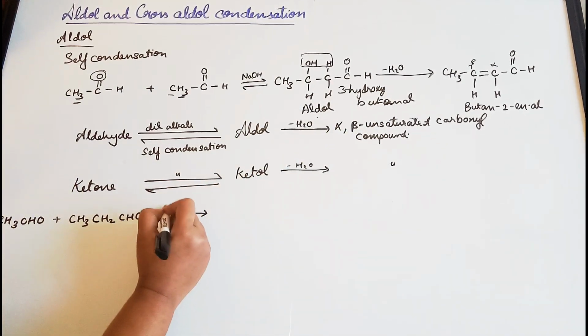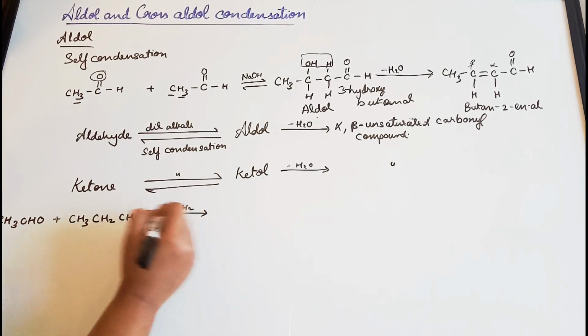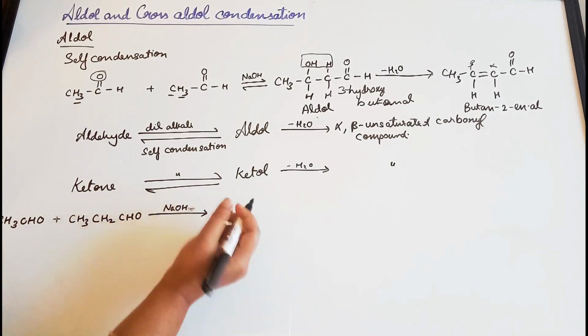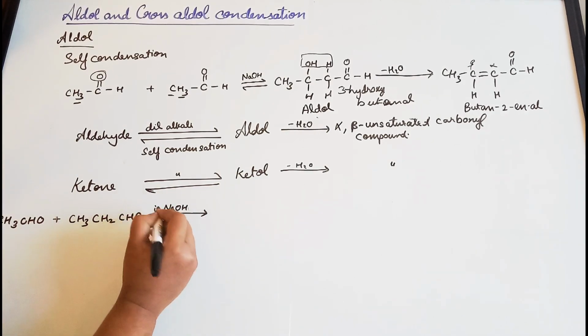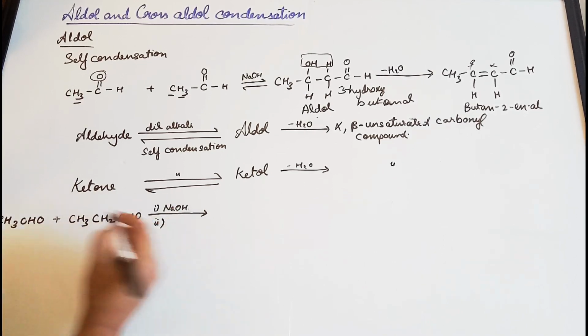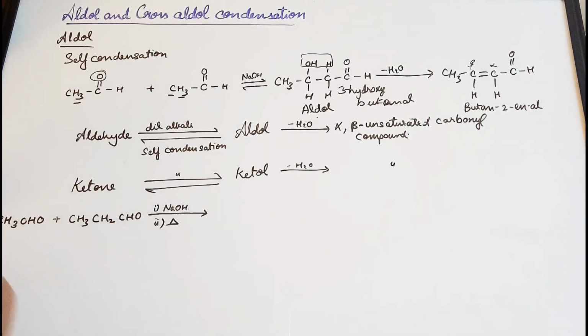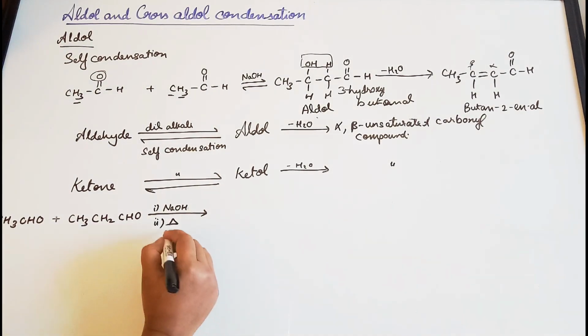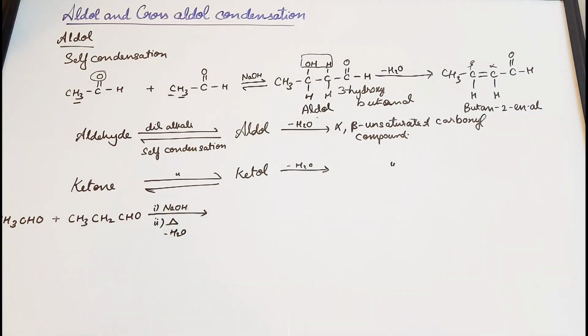So in the presence of NaOH, we're doing both the steps in one go. And the second step is going to be from heating. Okay, loss of water. So first we'll talk about the self-condensation products. So first they will undergo self-condensation.